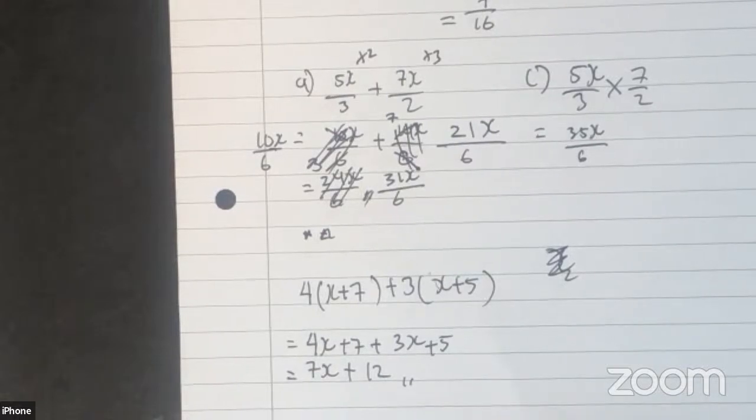Let me put it another way. The guy inside is x plus 7. And then there's 4 of them, which is to say there's another plus another x plus 7, and then another x plus 7, and then another x plus 7. A very long-winded way. You understand? There are 4 of them.